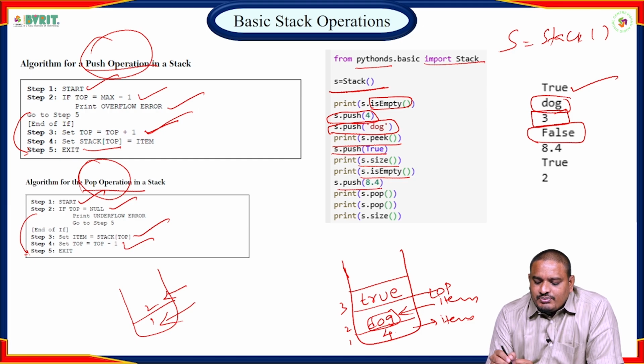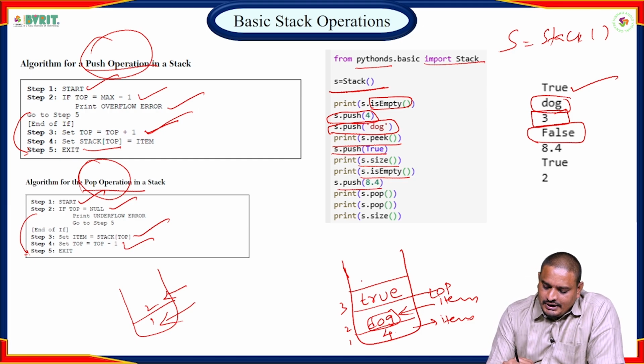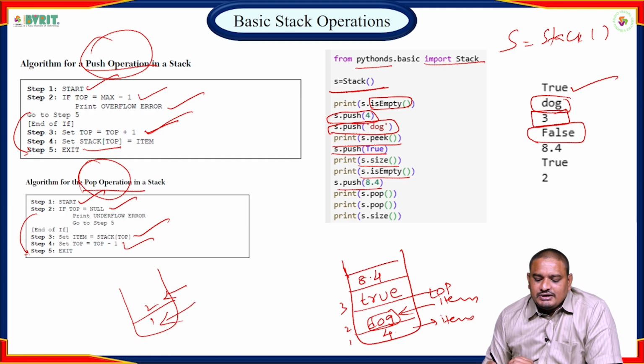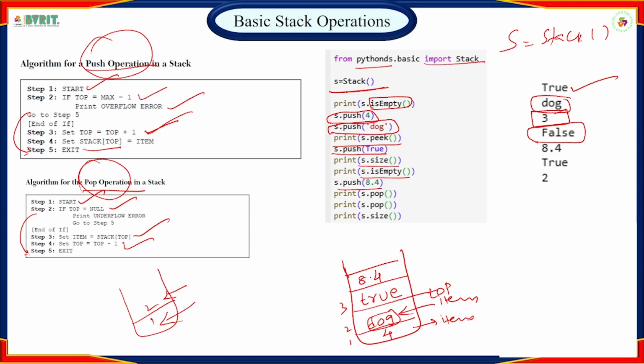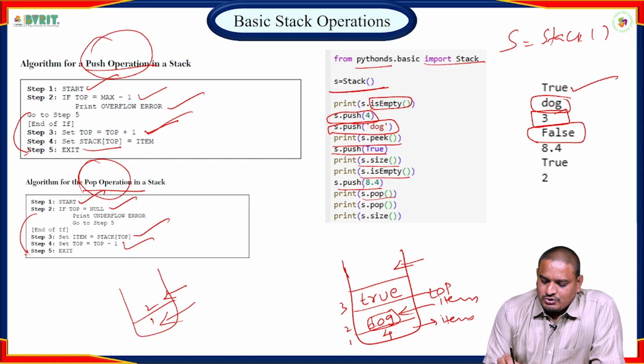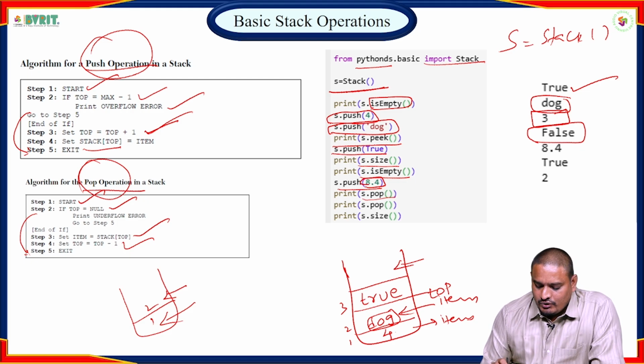Push of 8.4 means the 8.4 item is inserted into the stack. Next, print s dot pop. Pop means the top position is 8.4, so the pop operation will be applied and the top element is removed. Then s dot push of 8.4 pushes the 8.4 item into the stack again.